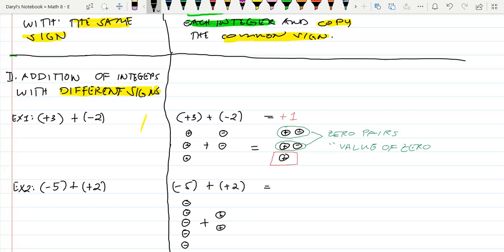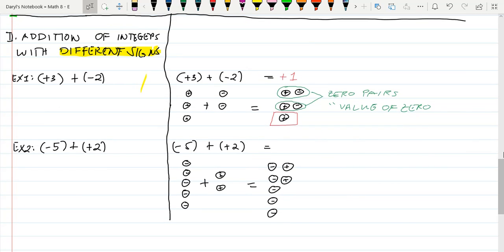If I combine the 2, I have 5 negative chips and then 2 positive chips. Again, I can see some zero pairs. I can locate 2 zero pairs in this case.